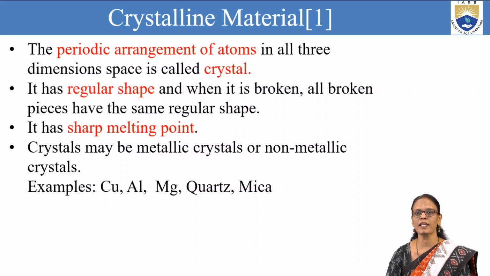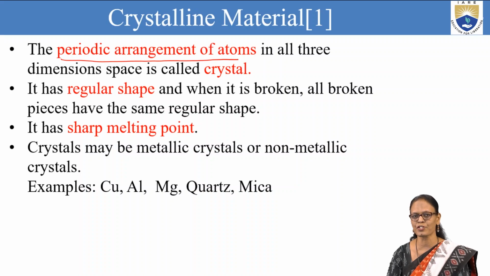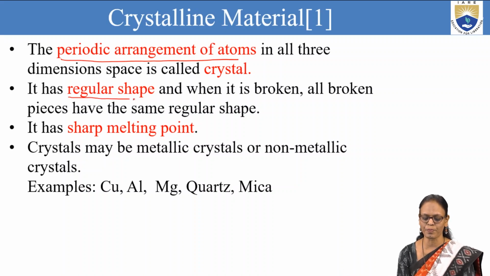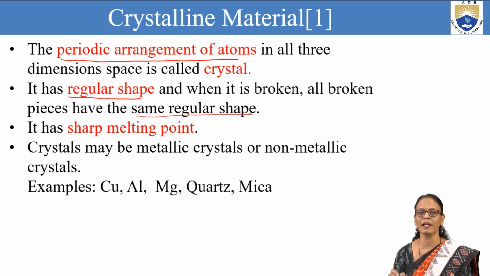Now coming to crystalline materials. In crystalline solids, there is a periodic arrangement of atoms in all 3 dimensions. Periodic means it is in a regular fashion, which repeats after regular intervals. And it has a regular shape. When we take a crystalline solid and break it into pieces, all the pieces will have the same regular shape.